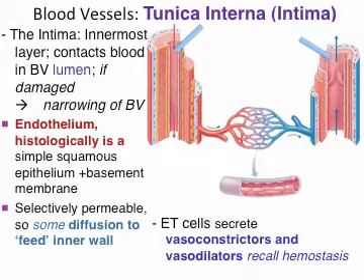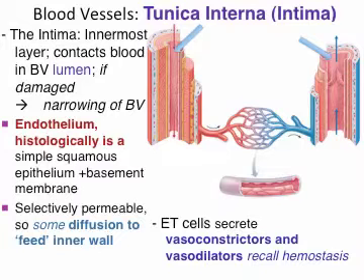Endothelial cells also secrete vasoconstrictors and vasodilators. So if you remember from the hemostasis lectures, endothelial cells are constantly secreting prostacyclin so that platelets won't stick and cause the blood vessel to vasoconstrict. But endothelial cells also secrete nitric oxide, or NO. That's a vasodilator.